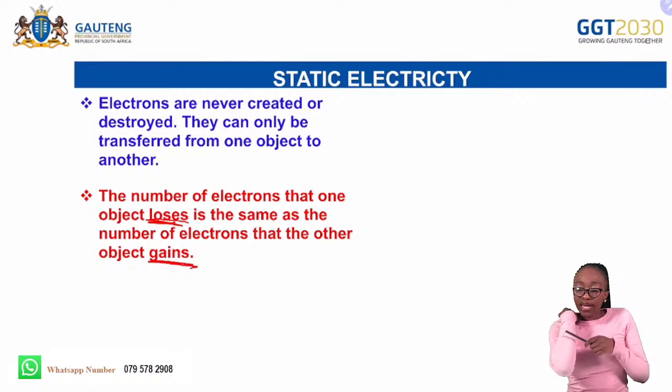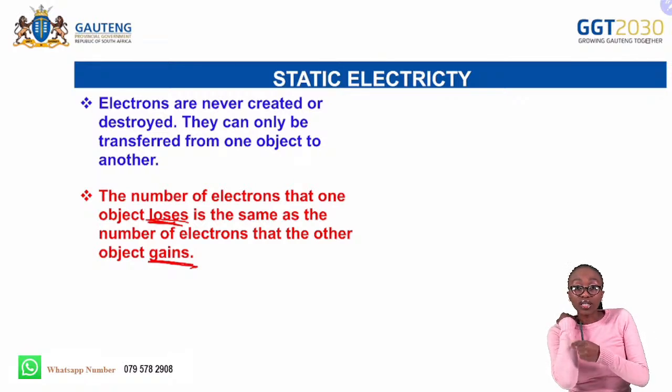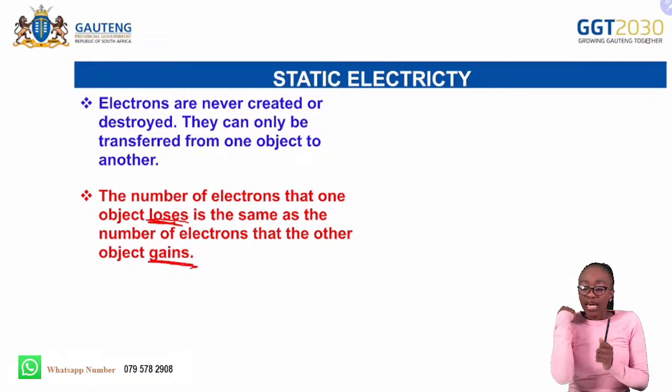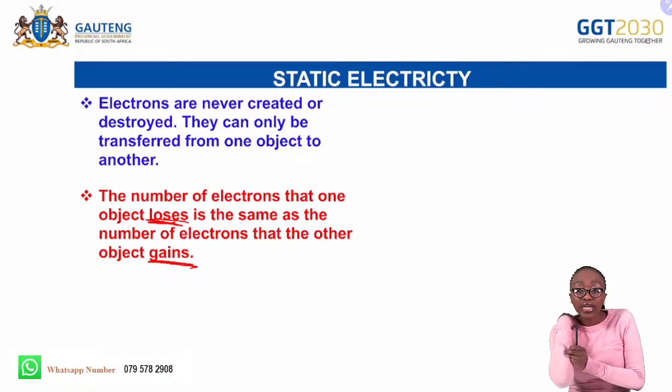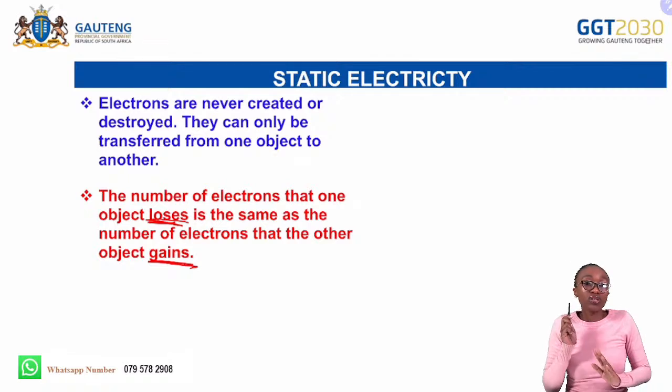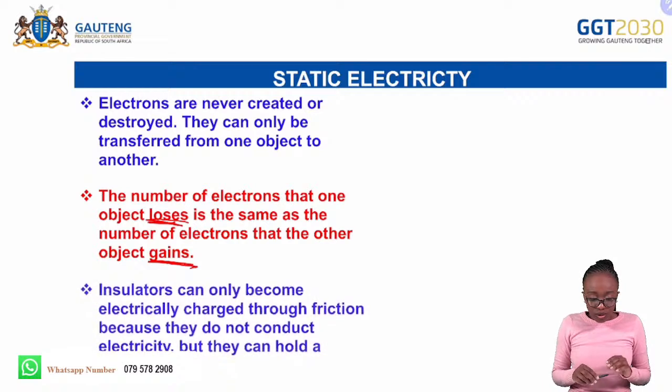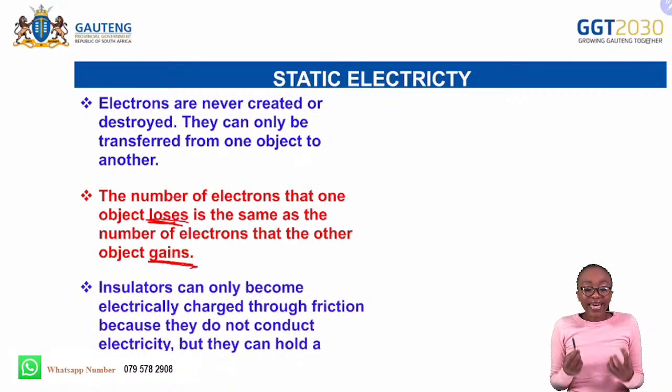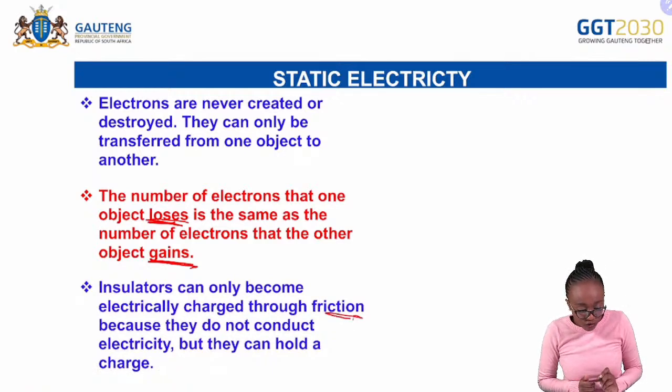And then electrons are moving from my jersey to the pen. If my jersey loses 2 electrons, it means that the pen gains 2 electrons because electrons are not created nor destroyed. So now insulators are capable of becoming charged through the process of friction.